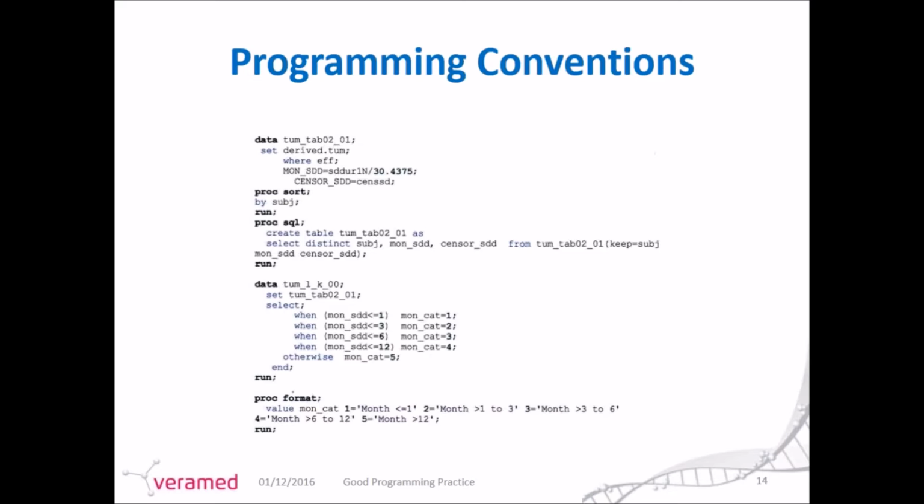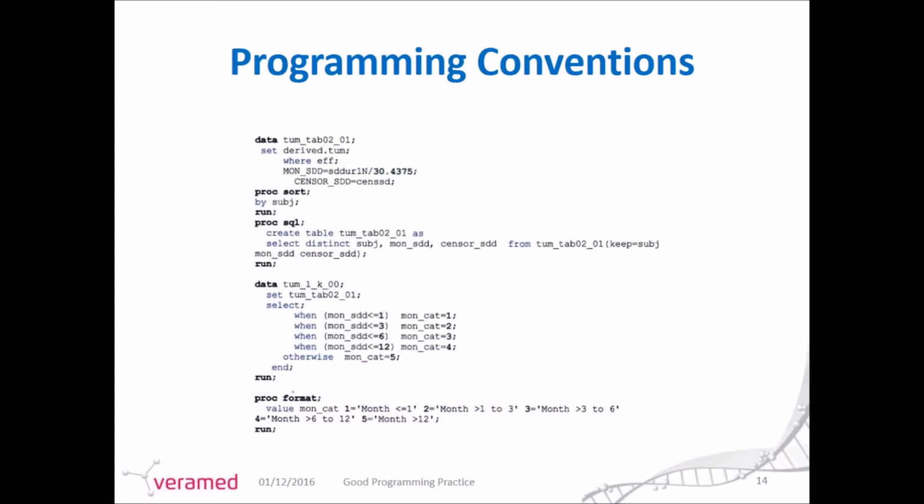And some additional comments on this is that to comply with our GPP, this bit of code should be checking for missing values prior to calculating the variable mon_SDD. Not all the data steps are ending with a run statement.